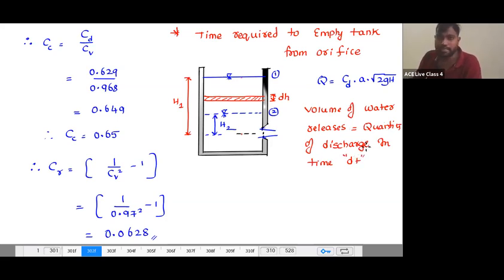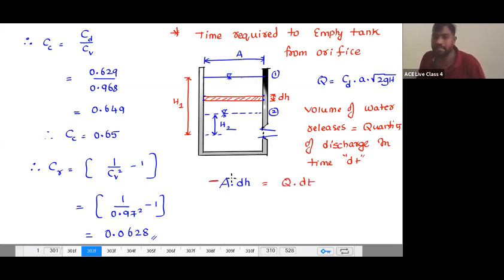So volume of the water released is equal to quantity of the discharge in a time dt. So whatever the volume of water goes, minus A into dH, if A is the plan area of the tank. Now minus A into dH, what is the area of this strip? A into dH. So that's nothing but a volume of water drops. Volume of water drops per unit time is nothing but discharge Q into dt.